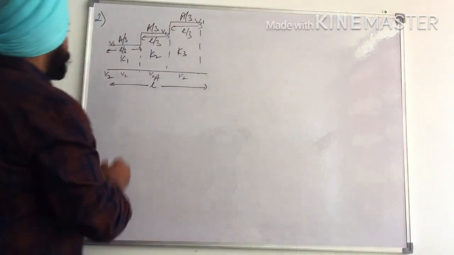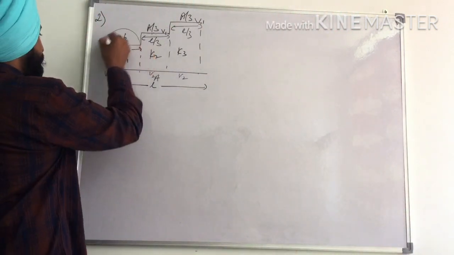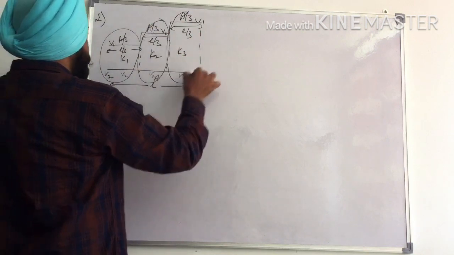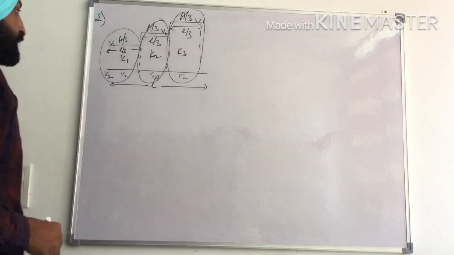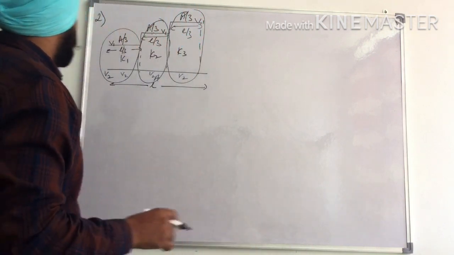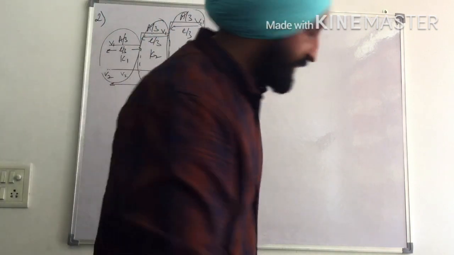So firstly we will be calculating the capacitance of these three plates, and then we will be calculating the net capacitance. I will be redrawing this diagram.